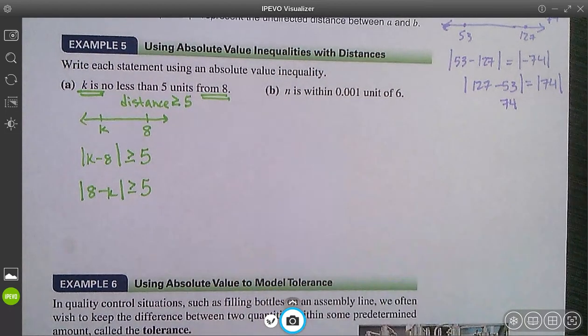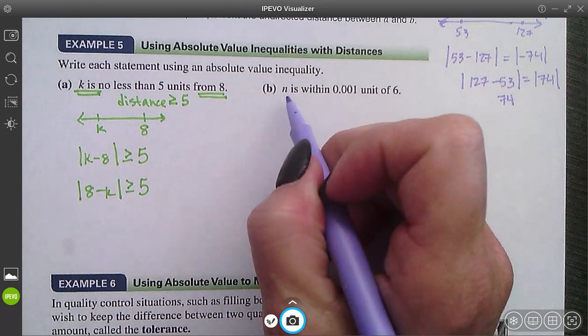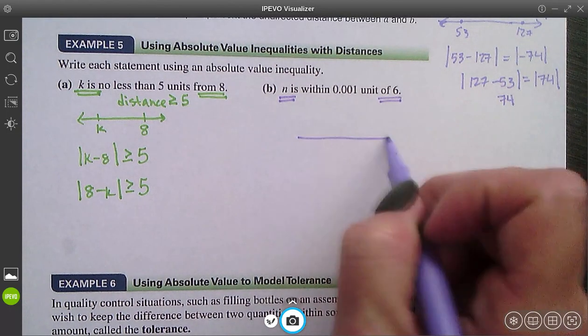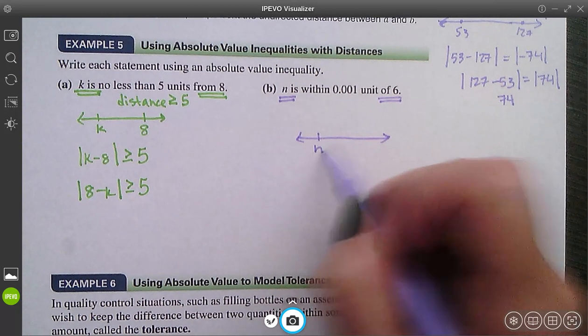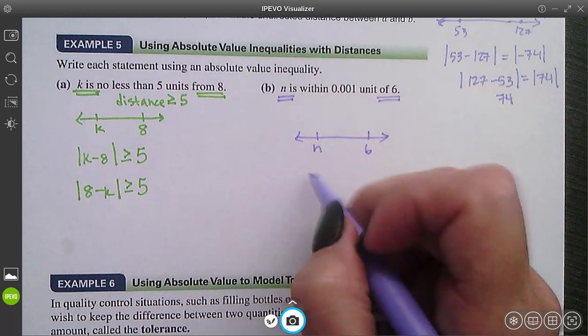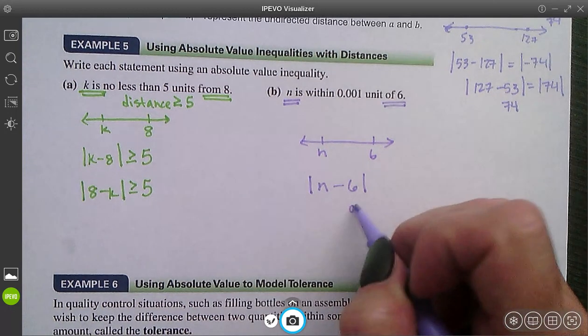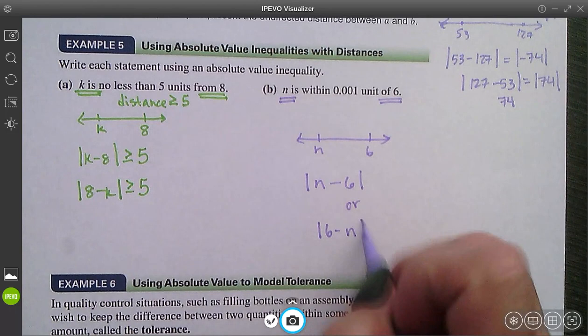Okay, let's look at this one. n is within 0.001 units of 6. So I'm looking at the difference between n and 6 on a number line. So n to 6, that distance would either be the absolute value of n minus 6 or the absolute value of 6 minus n.